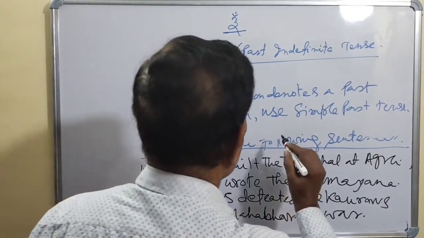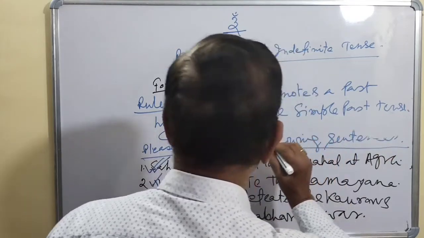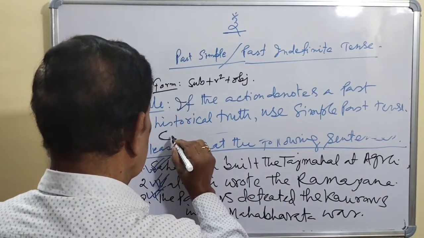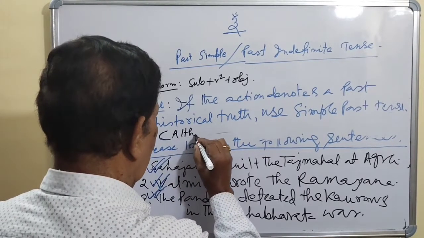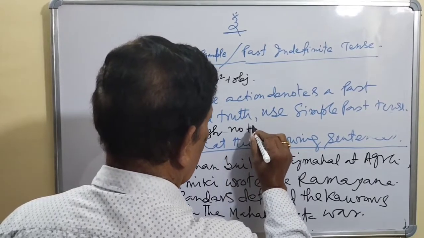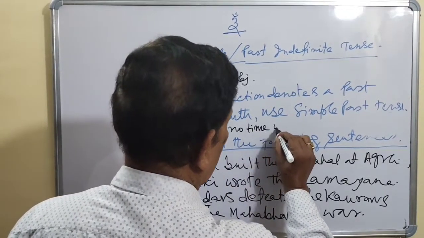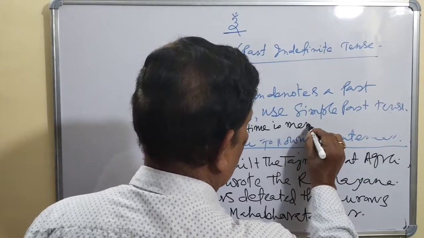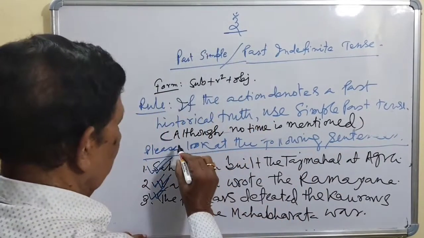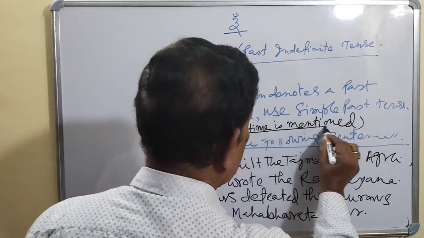Here, if the action denotes a past historical truth, use simple past tense, although no time is mentioned.